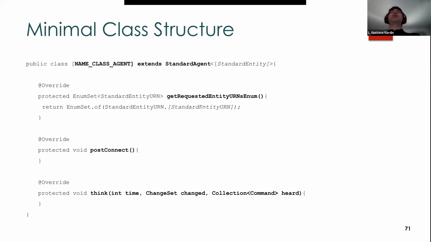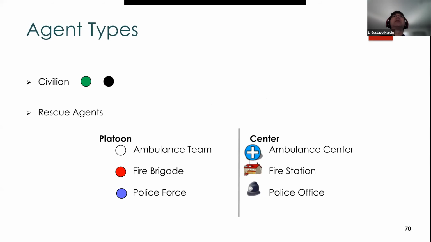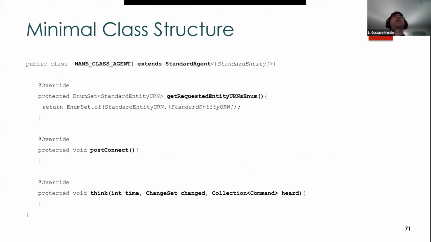Here I want to show you how we can create or program an agent. All these different types of agents that I'm showing here, we can create and program in the platform. In order to do that, we need to create this minimum class where we need to have a class name and extend the standard agent, and we need to specify the standard agent entity here. In addition to that, there are three must-have methods.